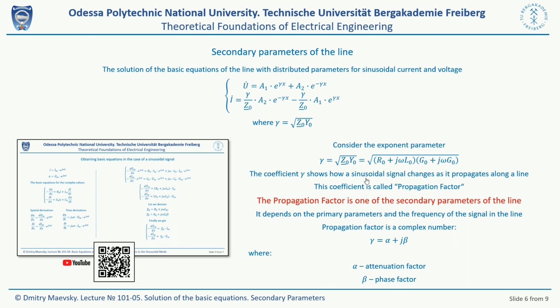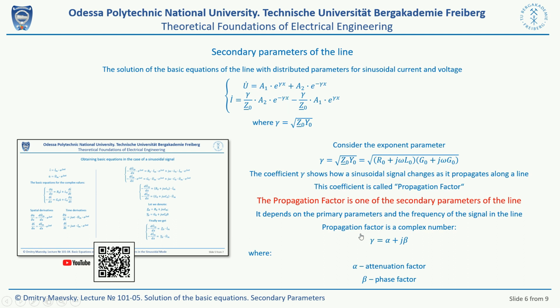This factor is called the propagation constant or propagation factor and is the first of two secondary line parameters. It is a complex number and shows how the current and voltages change as they propagate along the line.